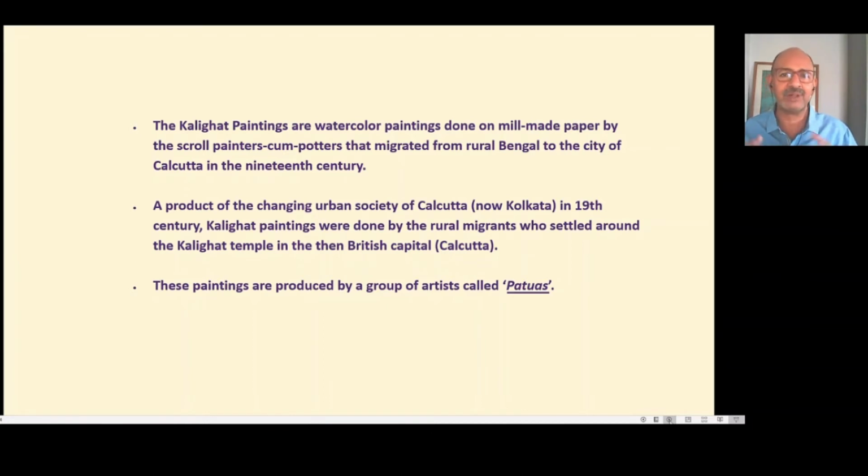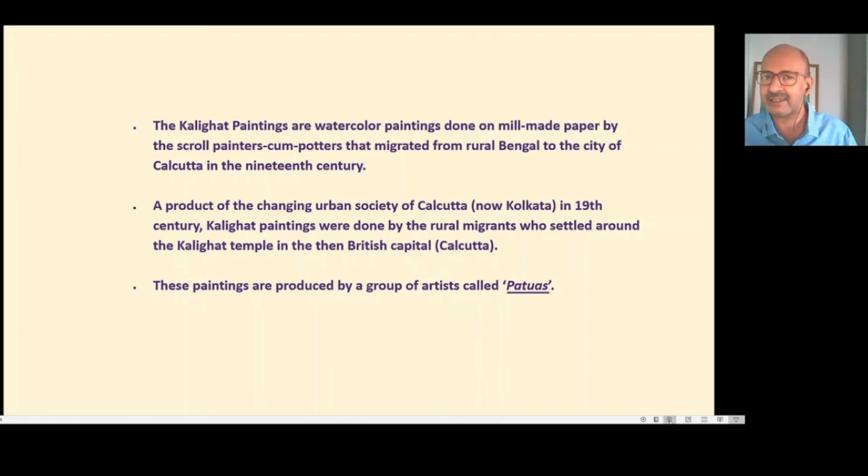Coming to Calcutta, because of the skill they had to paint and to mix various kinds of materials, they settled in the vicinity of Kalighat temple, because that was the most well populated and frequently visited place. So there was already a thriving market.